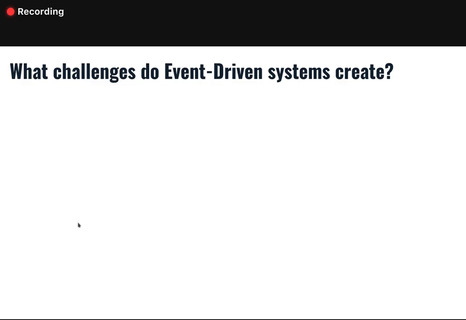What challenges do event-driven systems create for us as programmers? What are we thinking? Can we think of any challenges that an event-driven system potentially creates for us as programmers?